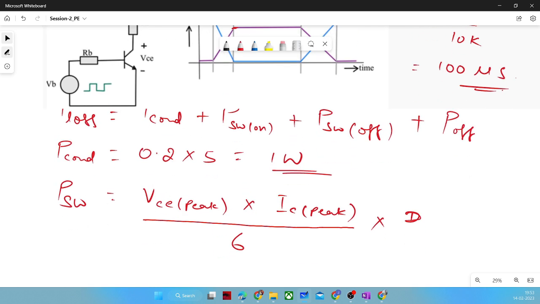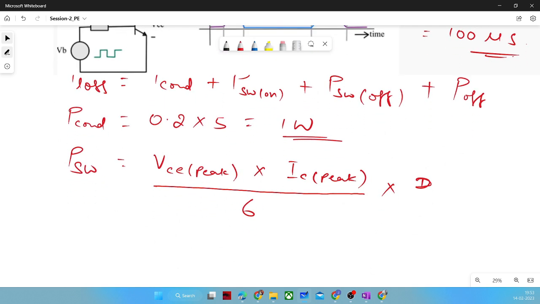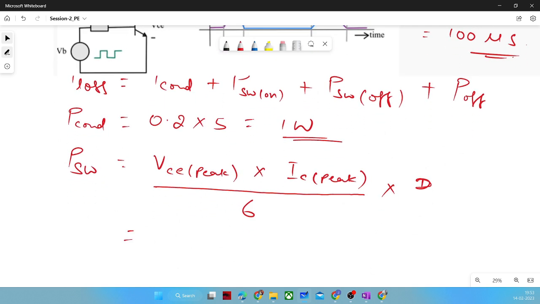So that we will take for turn on loss and turn off loss also.